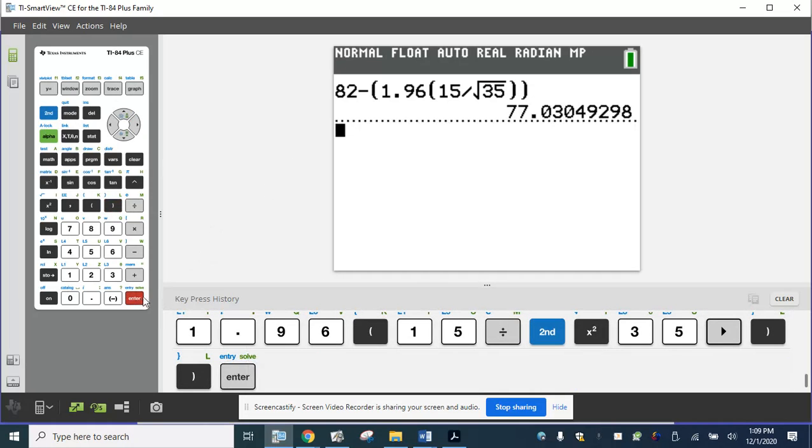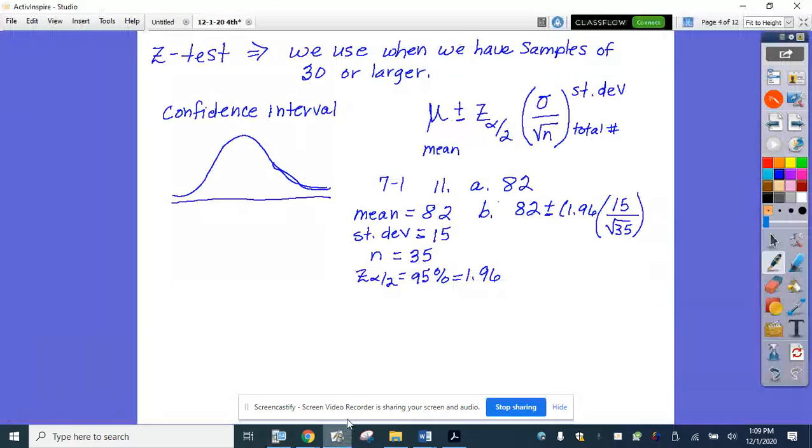And when I hit enter, I'm just going to round these off to 2 decimal places. This would be 77.03. So the left-hand side of my confidence interval is 77.03. So here's what I'm saying on my graph: the middle is 82.